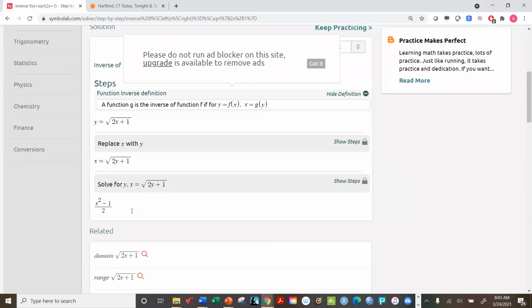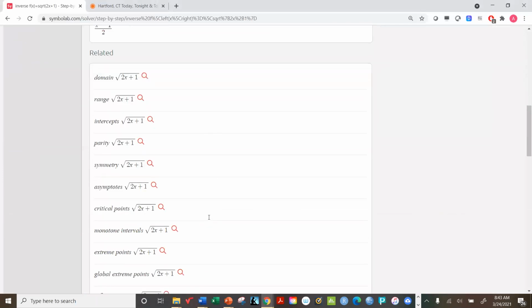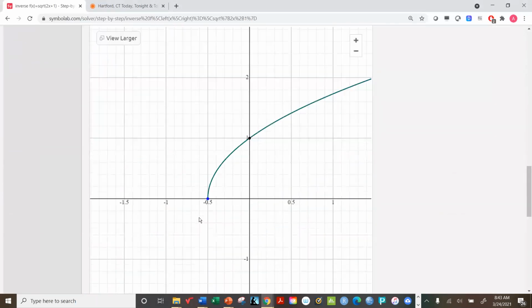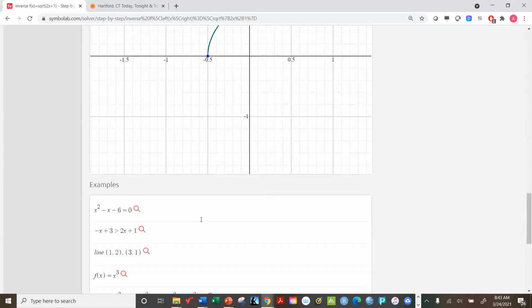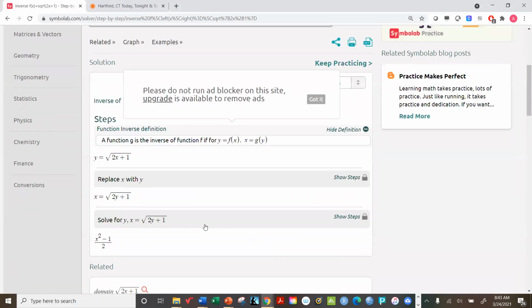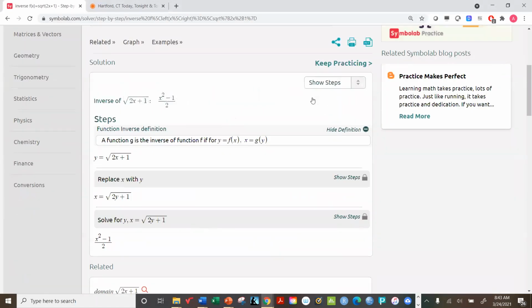There it is, x squared minus 1 over 2. Wow, I'm impressed. Woohoo, it can do it. Interesting. Now it doesn't... oh, it does. Yeah, it goes through the steps.